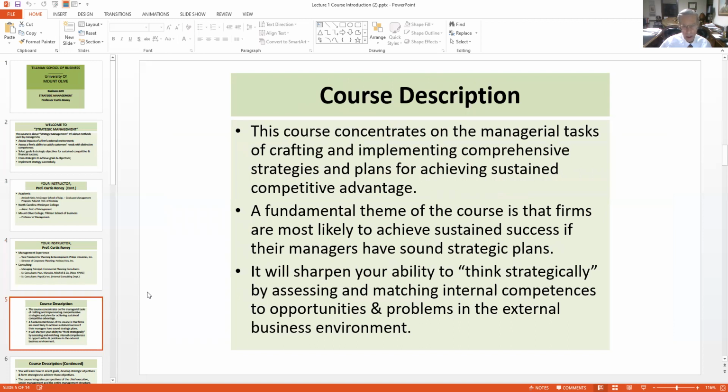So the course concentrates on management, what management's tasks are in crafting and implementing comprehensive strategies and plans to achieve sustained competitive advantage. There's a basic assumption throughout this course, and that is that if managers have sound strategic plans, their firms are most likely to achieve sustained success.